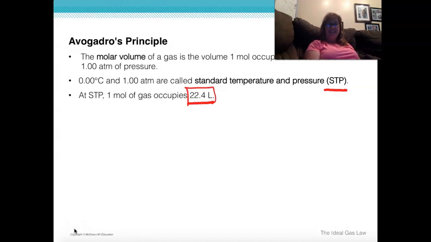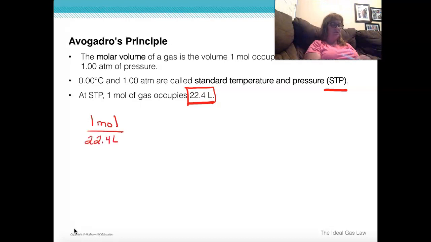And what this does is it gives us a new conversion factor. Just like we had molar mass in stoichiometry, which was the mass that 1 mole has, we now have molar volume. So the conversion factor then becomes 1 mole is equal to 22.4 liters.